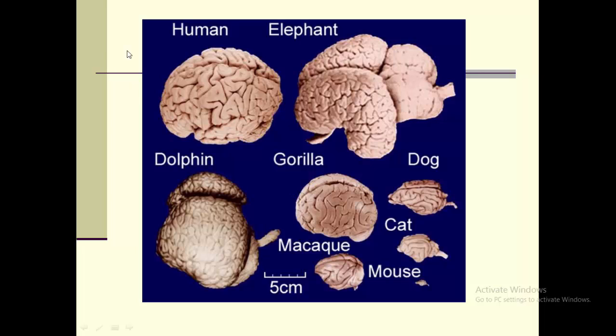But you can imagine from this picture how really big a human brain is when you put this as a ratio between brain and whole body size. This is the size of our brain. This is the size of an elephant's brain. It's just a little bit larger.